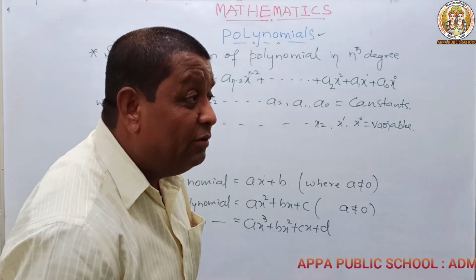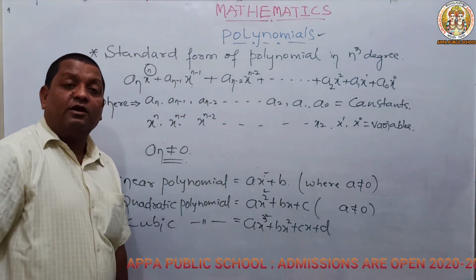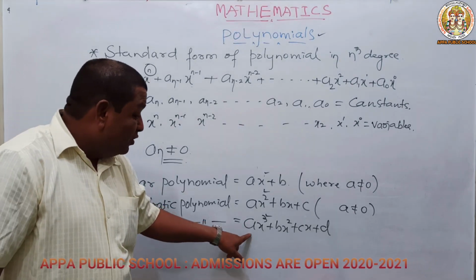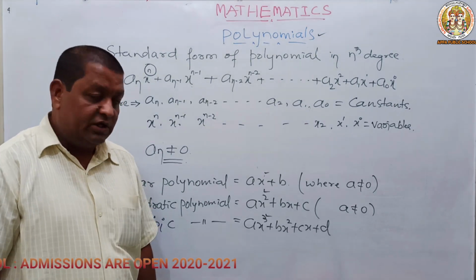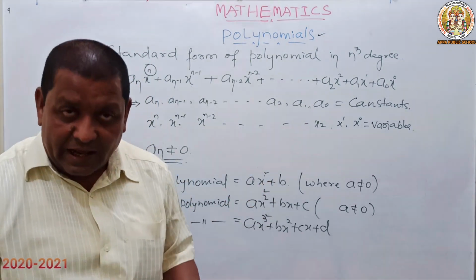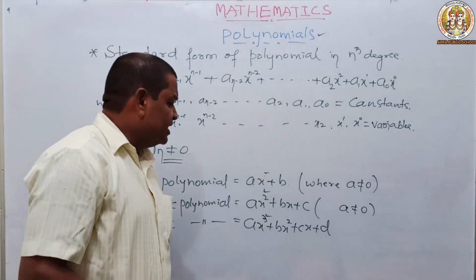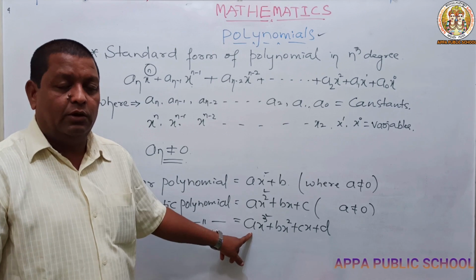Where do you have to give importance? These powers we have to give importance. So ax cube plus bx square plus cx plus d is the cubic polynomial in x. What is the condition? Once again, a is not equal to 0.